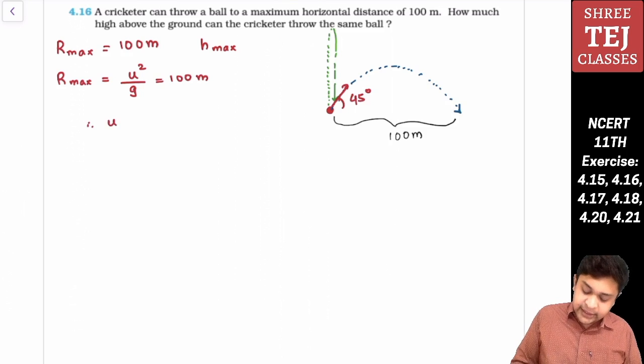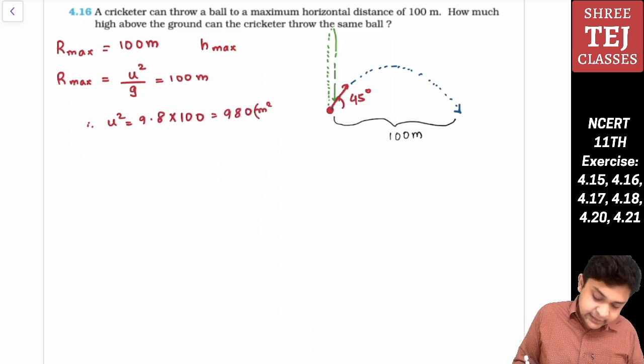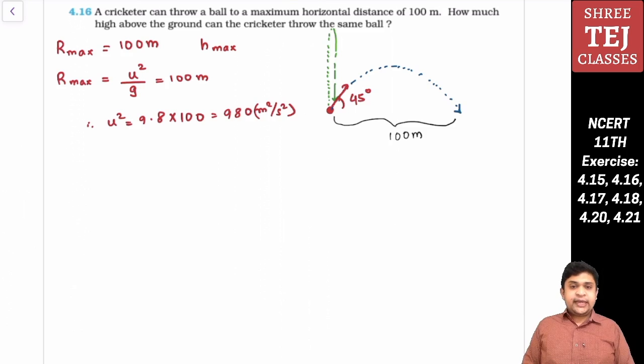Therefore u square is 9.8 into 100, which is 980 meter square per second square. Now what will be the maximum height reached? Maximum height will be reached if the ball is thrown straight vertically upwards.